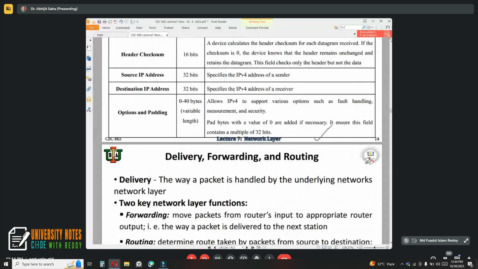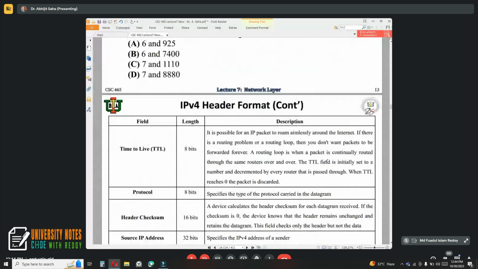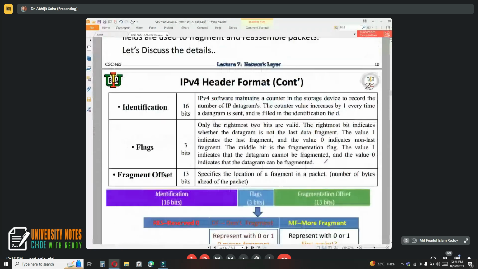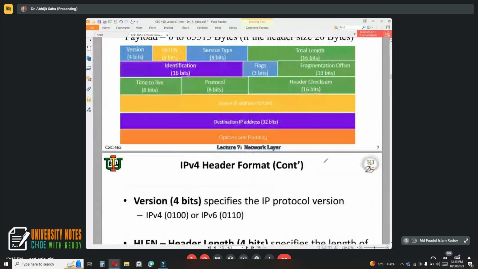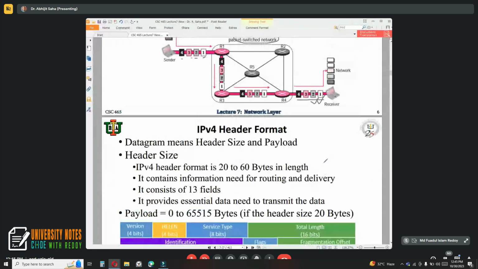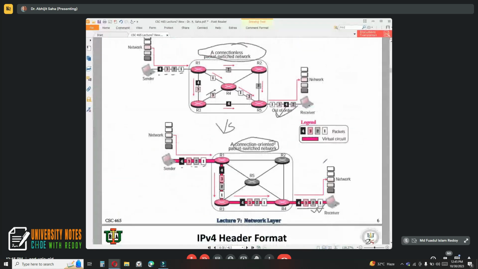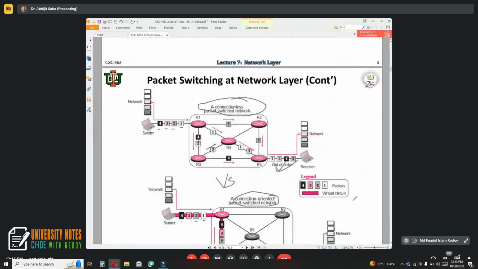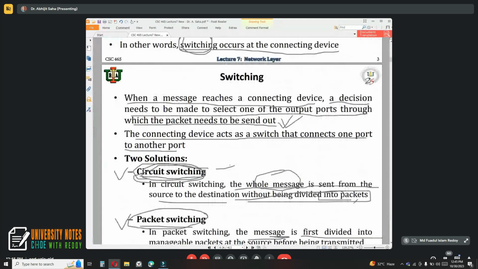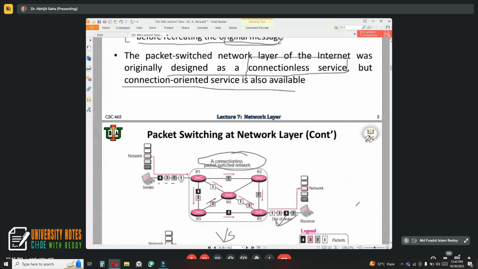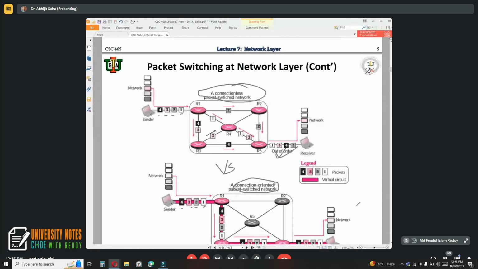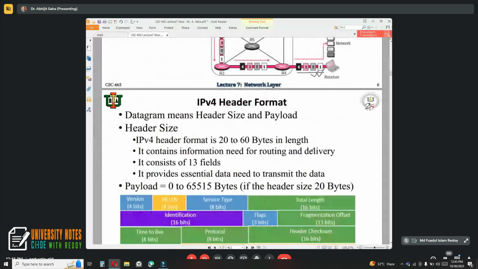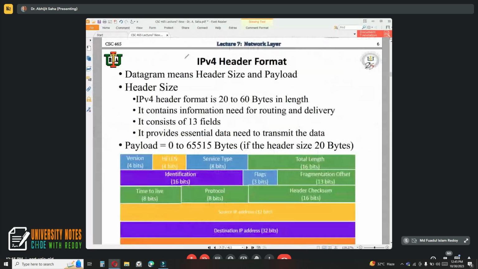Yes, your syllabus is going to be up to this. So we are going to cover the IPv4 header tomorrow. Are there any questions on the things we have done today? Okay, then we'll start the discussion tomorrow from here. Slide number 7, the IP header format. Okay, sir.